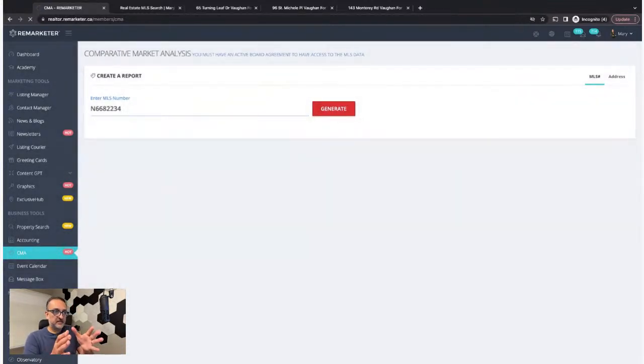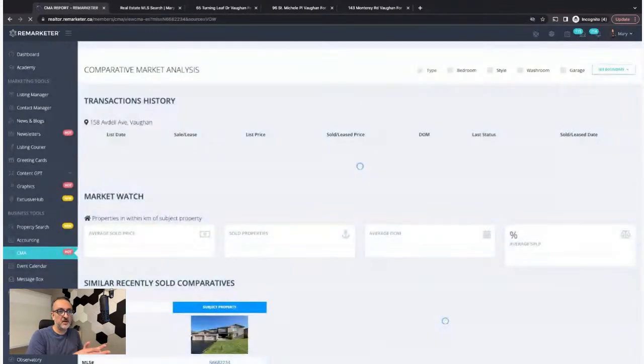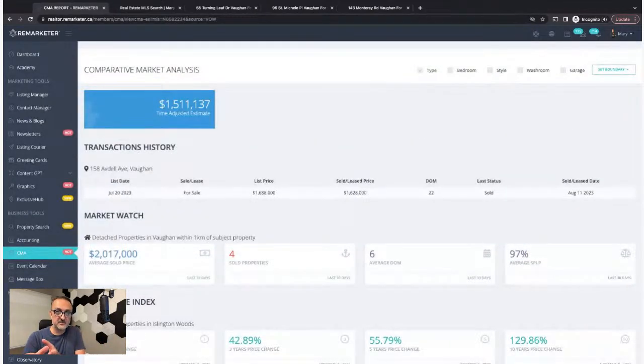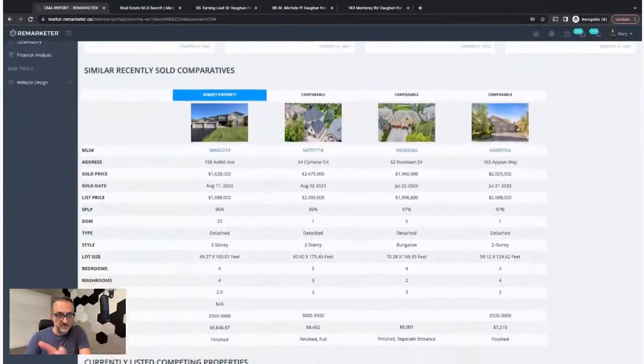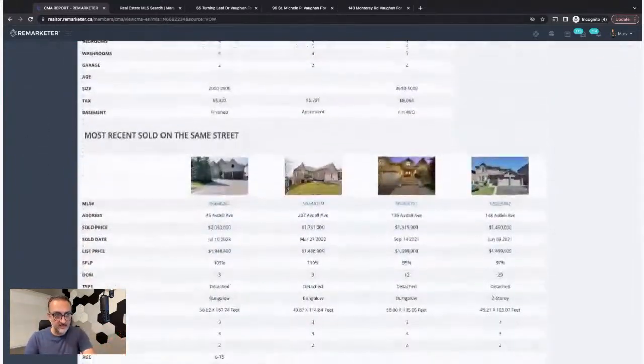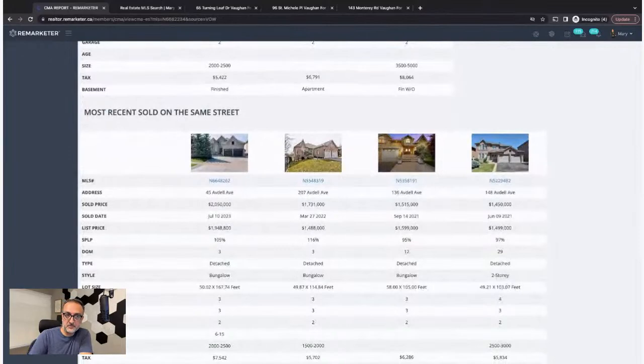So if I don't have enough information about property A, but I find property B that's got basically the same features as property A, I could do the CMA for property B. And that's going to give me the same level of information that I would need, comparables, competing, and then the properties on the street.